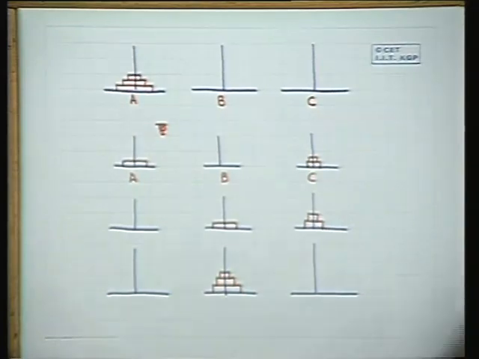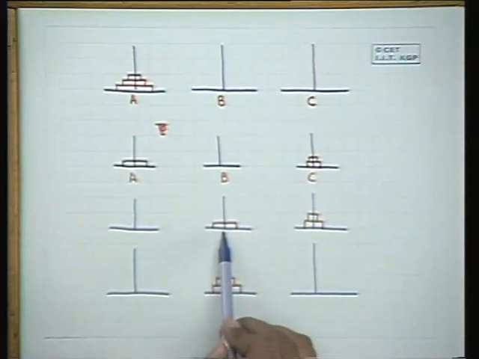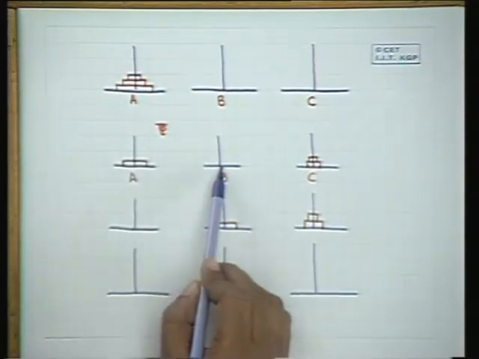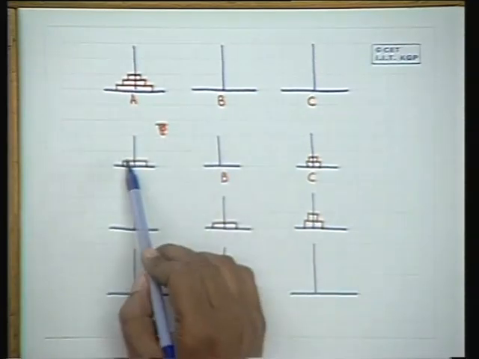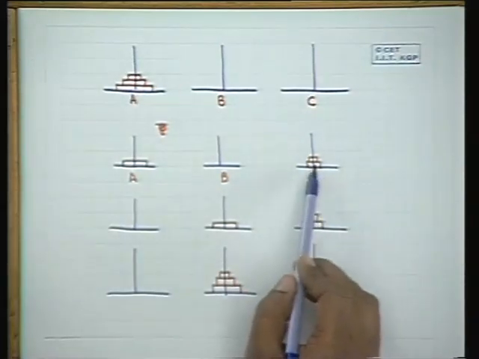So we actually solved it in 3 steps, of which 2 of them were inductive steps and 1 of them is a base step, because moving this from here to here is the problem of moving a single disk, and moving these 2 from here to here is the problem of moving 2 disks.